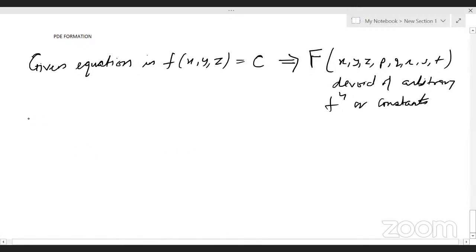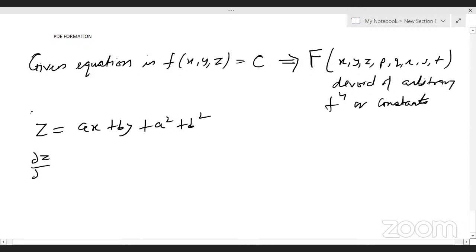So for example, let's say I give you a very simple equation, the equation of a plane, where z equals ax plus by plus a square plus b square. Now I have to find the PDE for this. So I differentiate with respect to x.